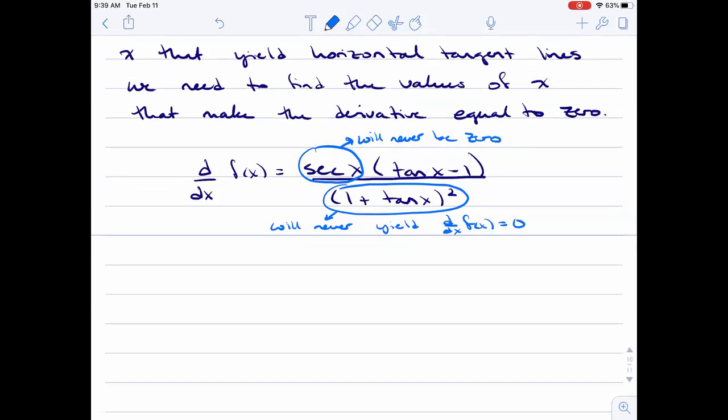So our only hope is that tan x minus 1 has to be 0, right, to get us to 0. Need this to equal 0.